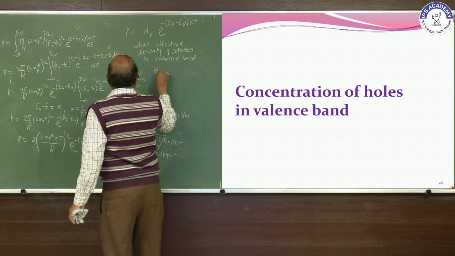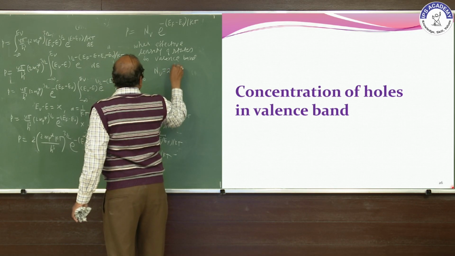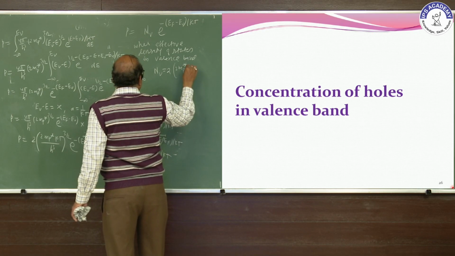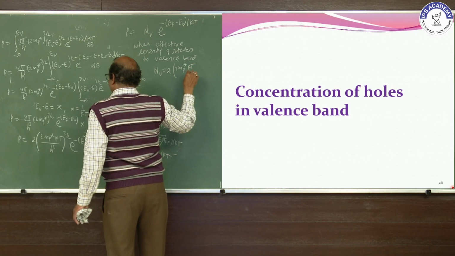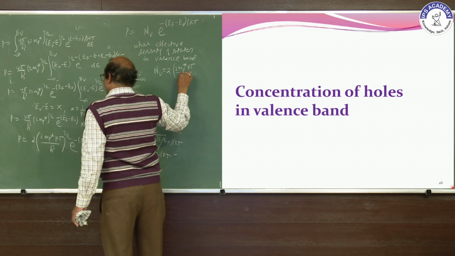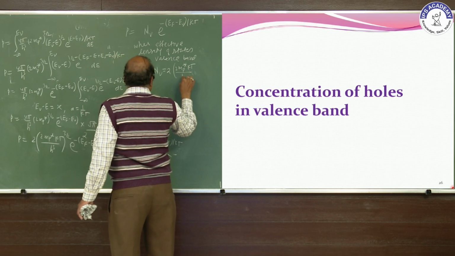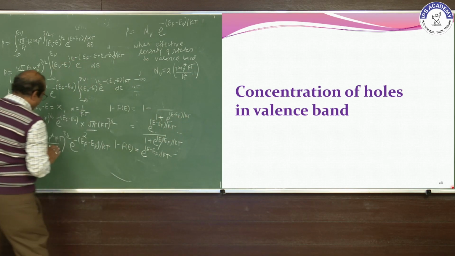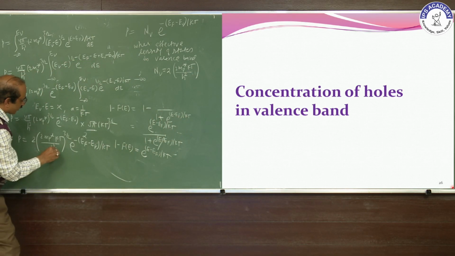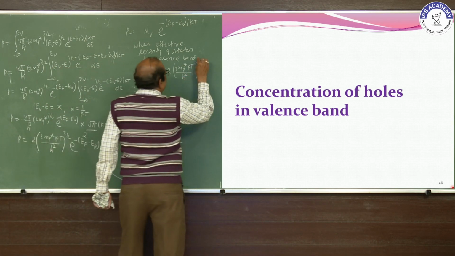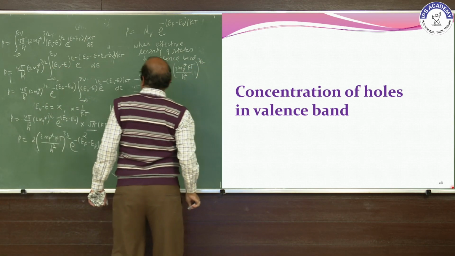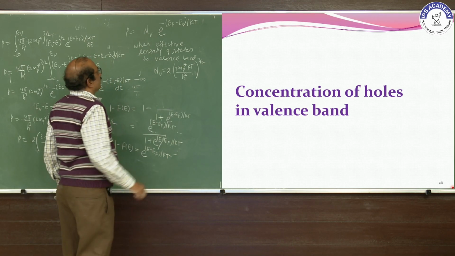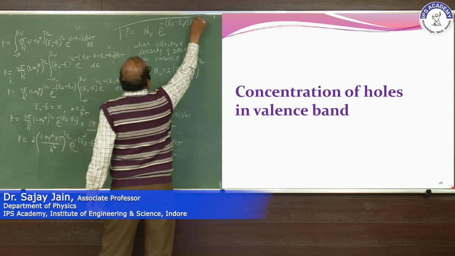So NV is 2 times (2 pi mp star KT upon h square) whole to the power 3 by 2, the temperature dependent density of states. Sorry, I should write h square here. That is NV. So that's all.